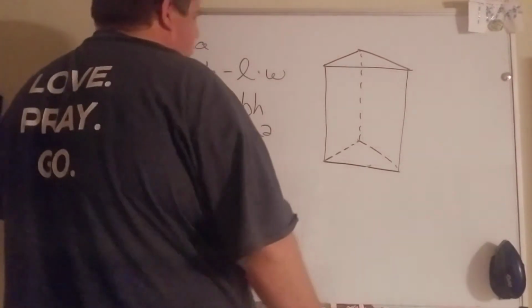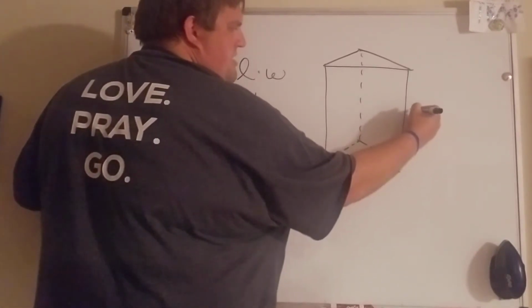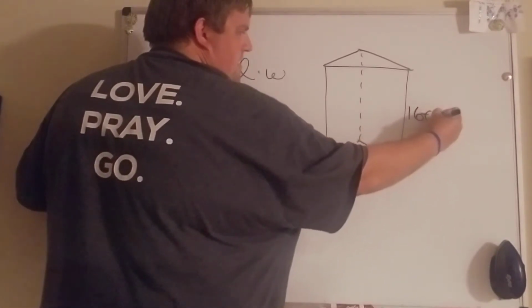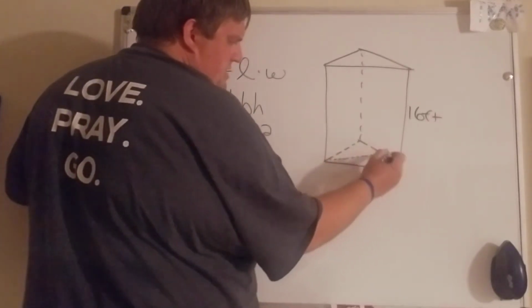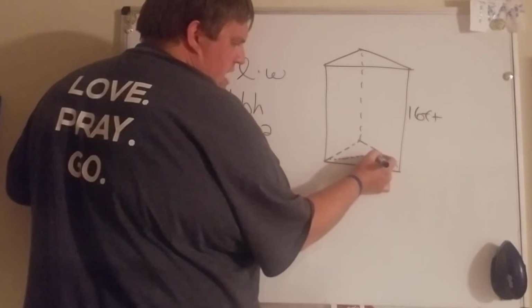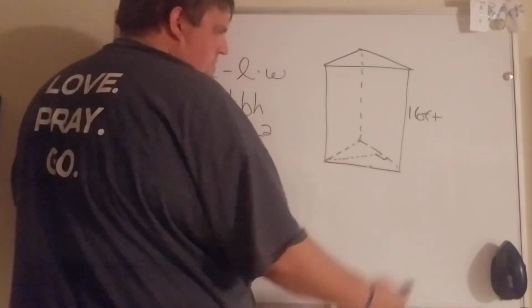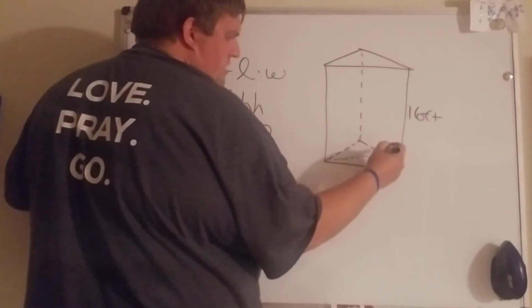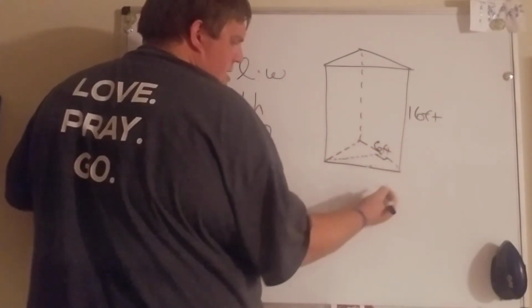And we're going to need to know some stuff. So inside of this triangle, maybe they tell you this over here is 16 feet. And then over here, they're going to give you this kind of dashy line again with a right angle with it. And maybe around this triangle here, they're going to tell you this side's 6 feet.